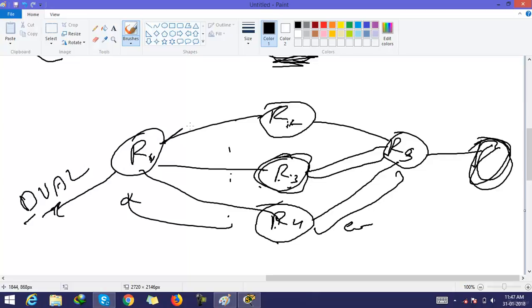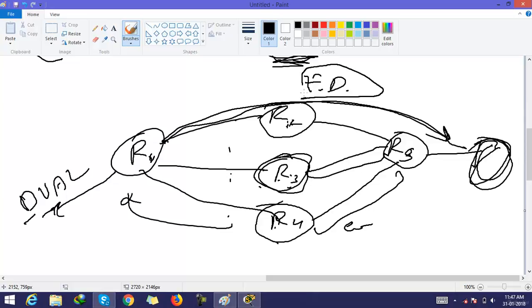For example, this is the best path to reach this network. So the metric of this path is called FD, feasible distance.